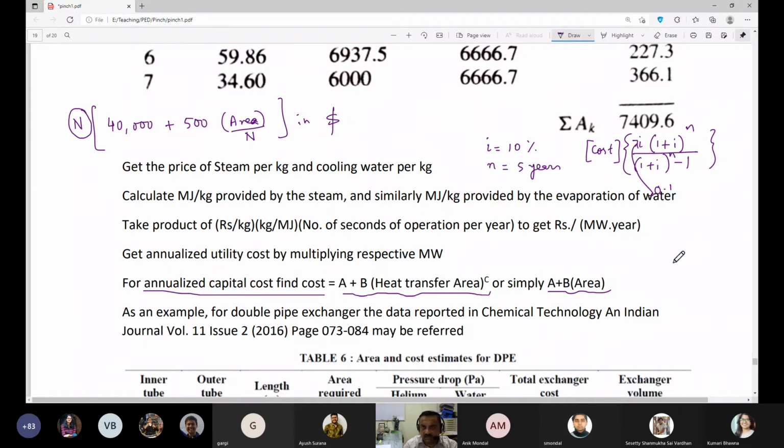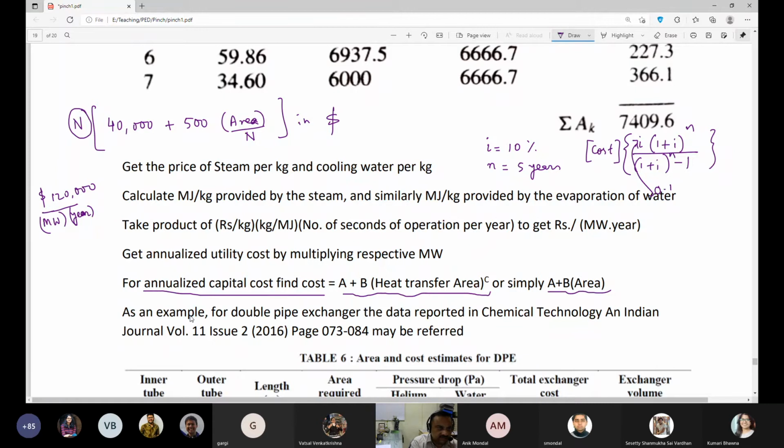Similarly, you have to do the utility cost. For utility cost, the US standards, there are some numbers I can give you: 120,000 US dollars per MW per year.